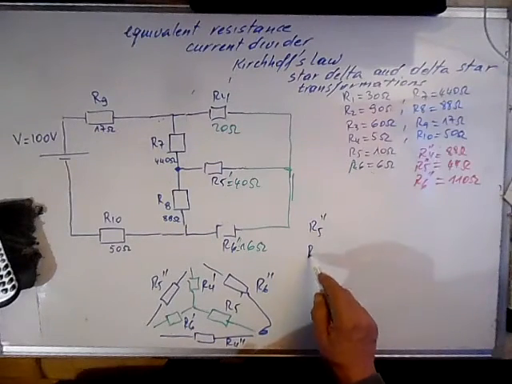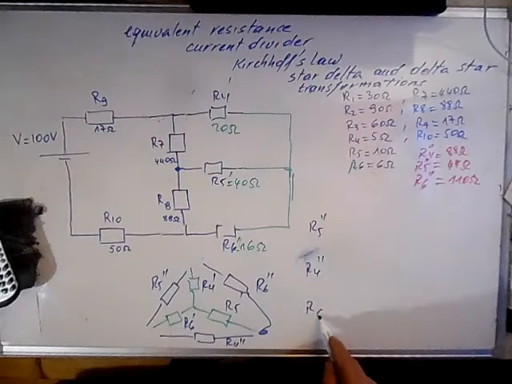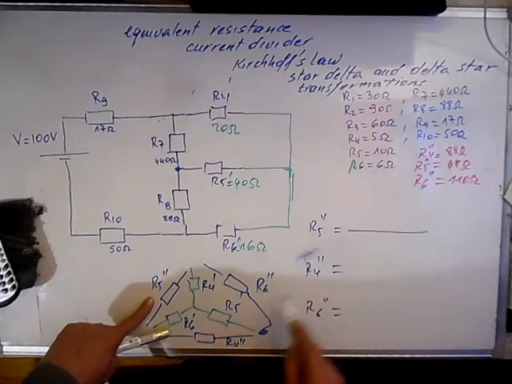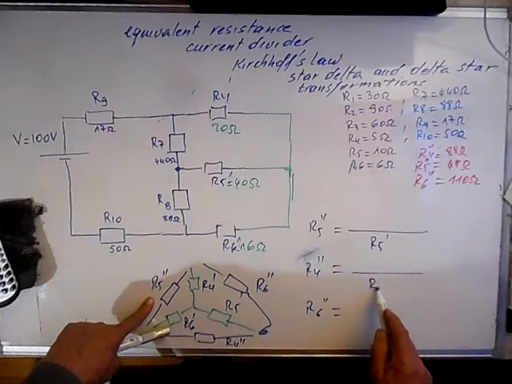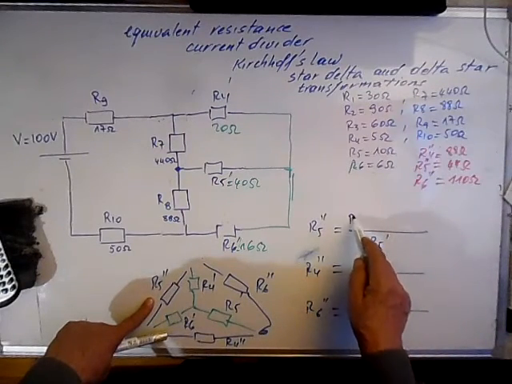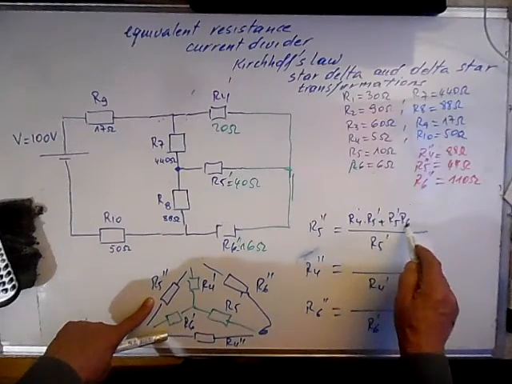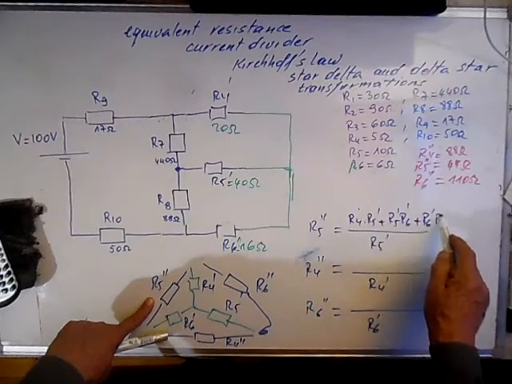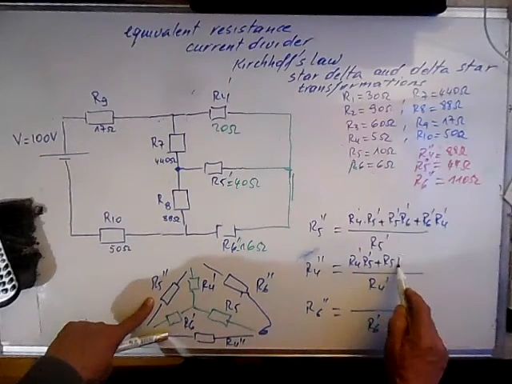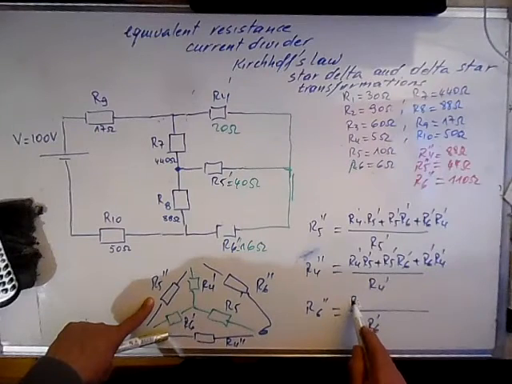We divide by R5 prime here, by R4 prime here, and by R6 prime here. But the numerator will be R4 prime times R5 prime plus R5 prime times R6 prime plus R6 prime times R4 prime. Here will be the same.